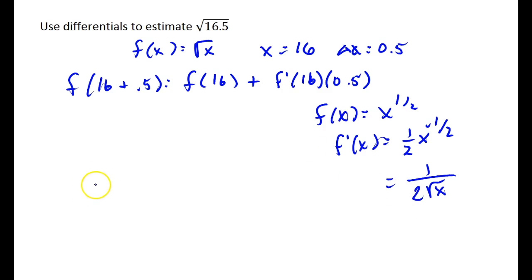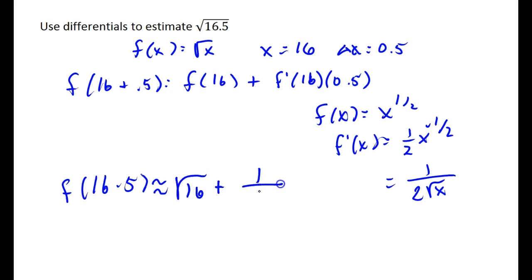All right, let's plug our numbers in now. So f of 16.5 is going to be approximately the square root of 16 plus 1 over 2 root 16 times 0.5. The square root of 16 is 4, and that's 1 over 2 times 4, which is 1 over 8 times 1/2.